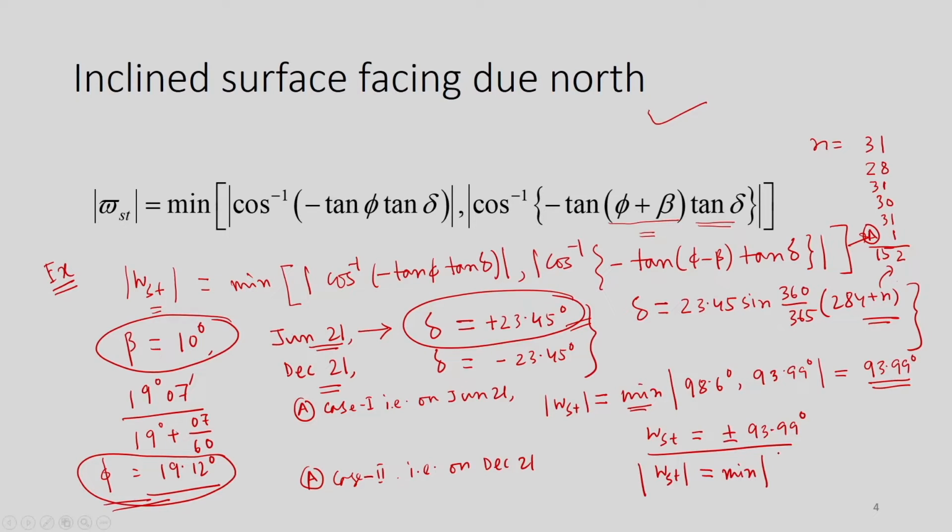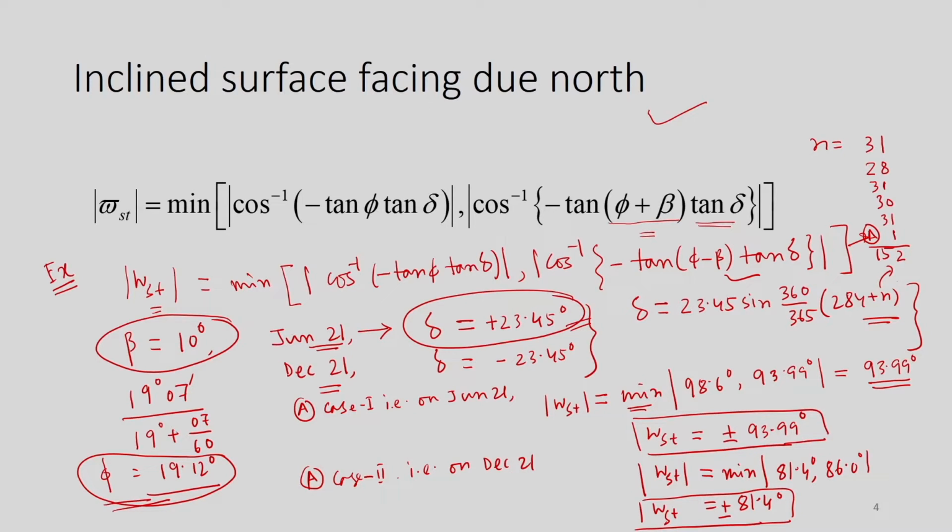If you substitute those values in expression A here, we will get 81.4 degree and then 86.0 degree. So, finally we get 81.4 degree. So, this will be plus minus if we say omega st. Plus is for forenoon and minus is for afternoon.